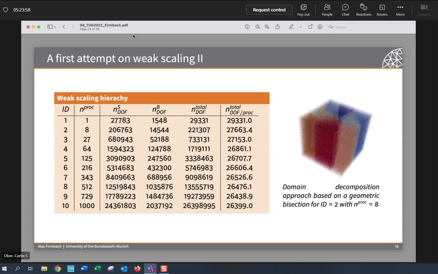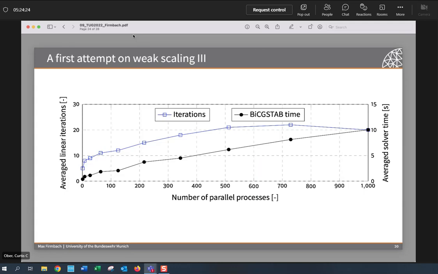What we want is to have a spatially close distance between the solid elements and fibers that are on one processor, to keep the communication cost low between the evaluation of these coupling terms, or the off-diagonal entries of our 2x2 block matrix. And the results are shown on the next slide.